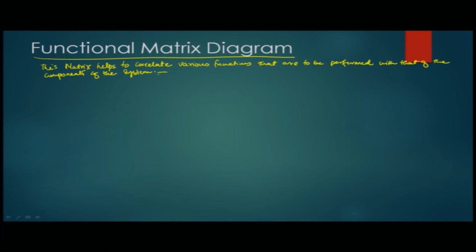Hence, it is also called as functional physical matrix. The right usage for this is called functional physical matrix, where the relationship between various functions and the various physical components of the system are described clearly in this.